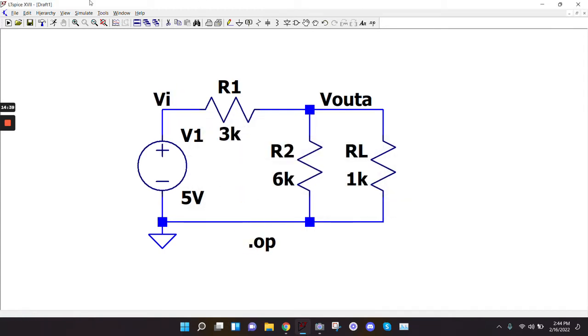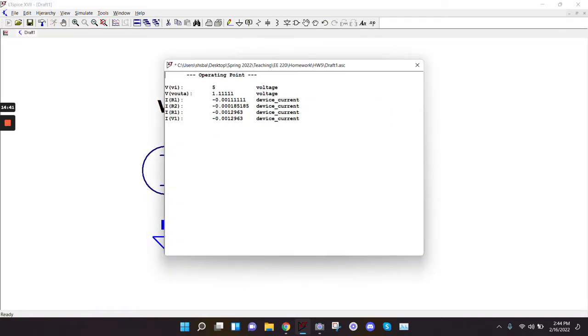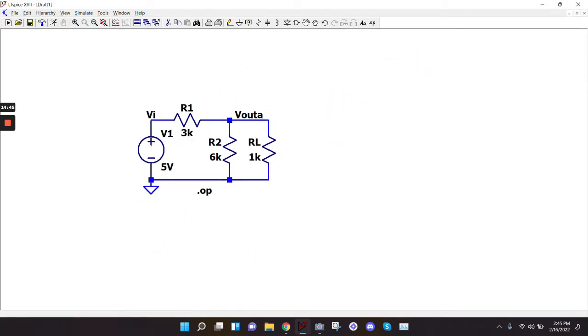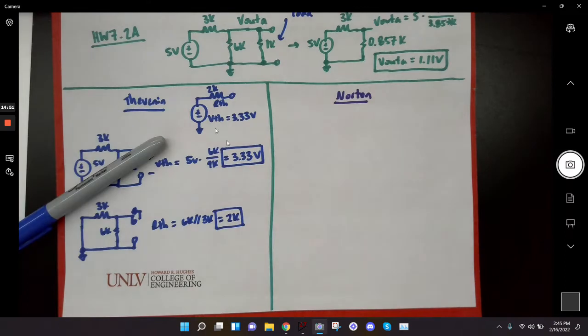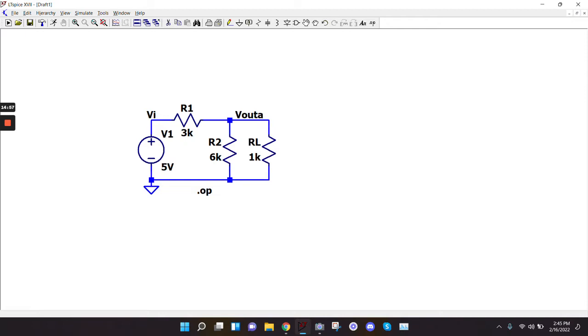So V out A should be 1.11, and it is. Now I'm going to make my Thevenin equivalent circuit. What I just found was that my Thevenin voltage is 3.33 volts and my Thevenin resistance is 2K. So I'm going to copy this circuitry right here.